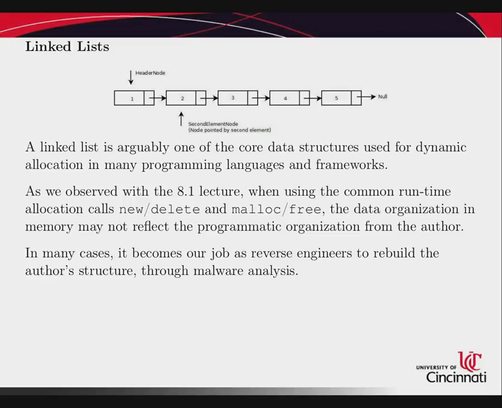Under the hood, where these things get organized in memory could be all over the place. Element 3 could be located at a memory address that's lower or earlier than element 1, and so on. So they could be all over the place.